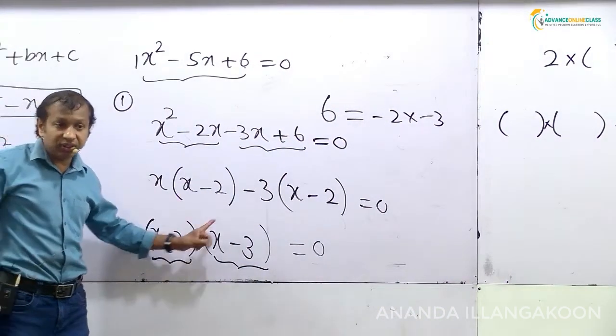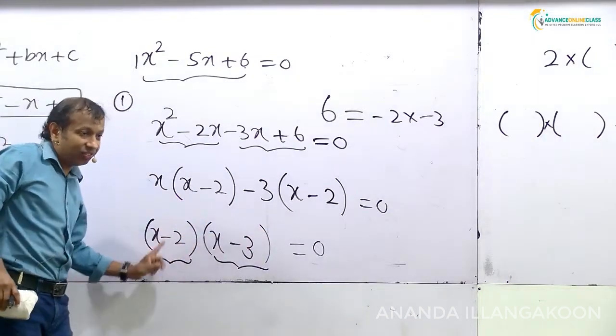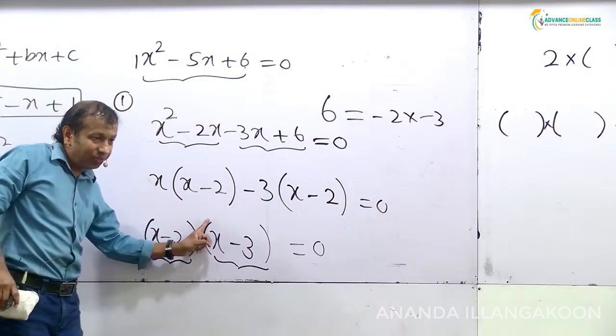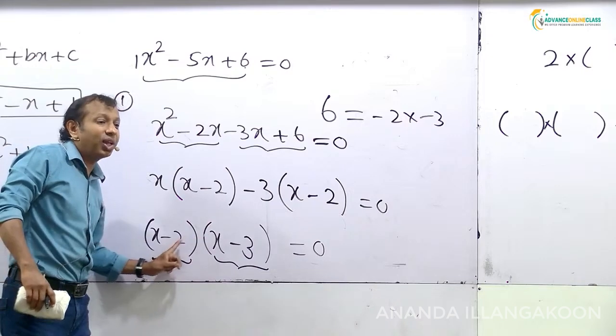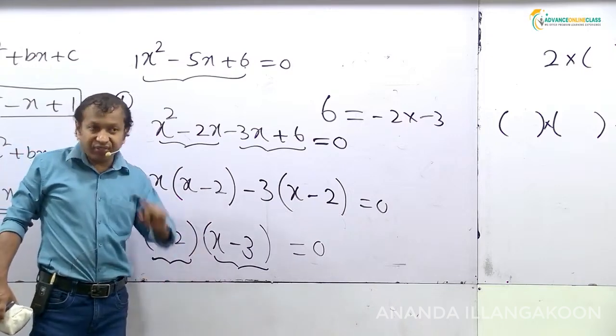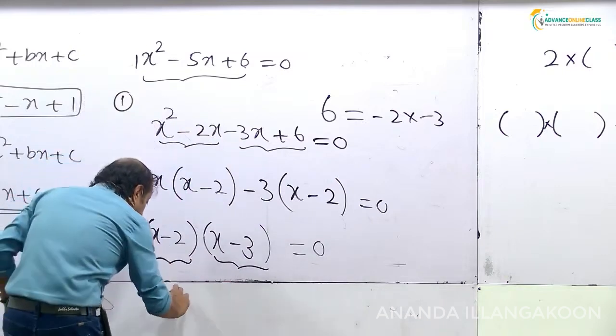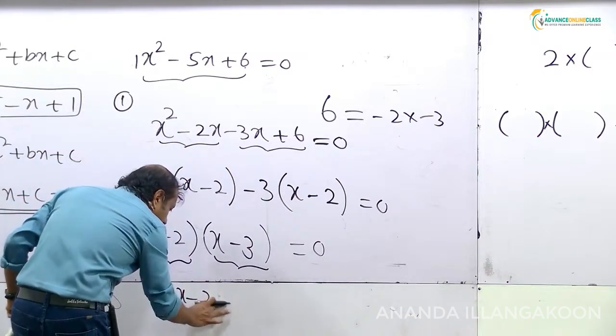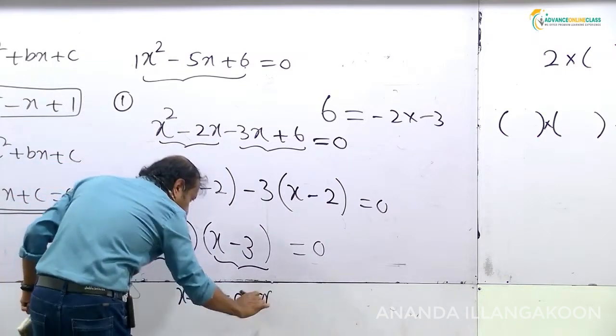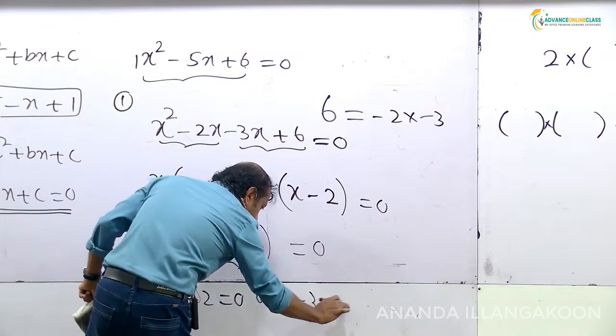This into this is equal to 0. It says either this is 0, or this is 0, or both can be 0. Understand? Of that, the third one, both can be 0, we ignore, and the rest two we write how? x minus 2 equal 0, or x minus 3 equal 0.